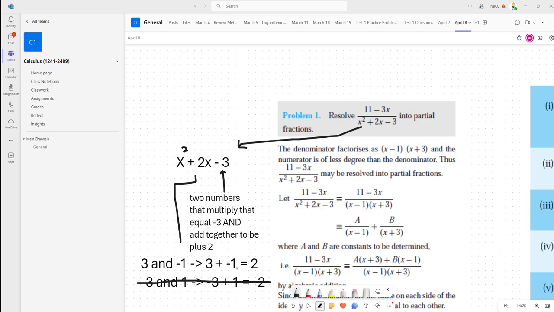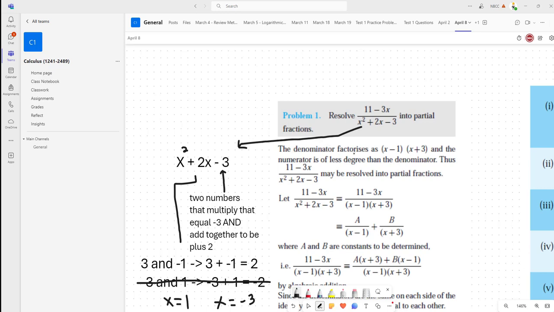So with these two numbers, we have x is equal to 1, and x is equal to minus 3, which can also be written as factors. Switching it over to here, x minus 1 and x plus 3, when we multiply them together, give us x squared plus 2x minus 3.